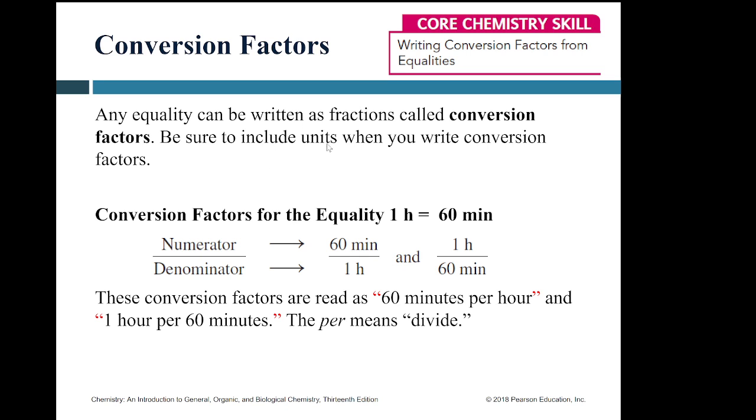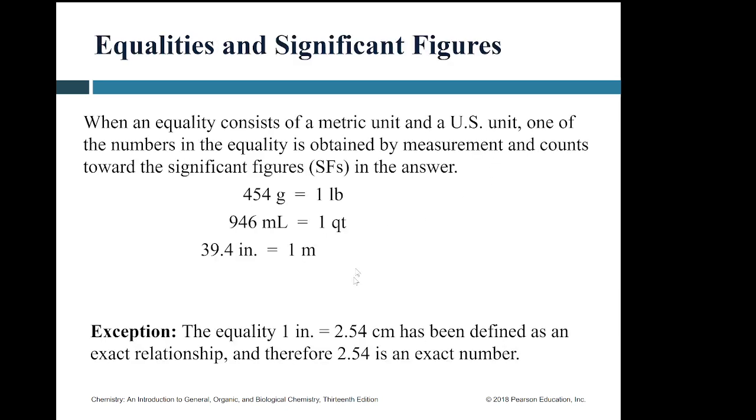Any equality can be written. By the way, if you're ever curious, the inch to centimeter, which is a very useful one to have, you can actually figure that out using your fingers. Okay? An inch goes down to about your bottom knuckle. A centimeter is the width of your fingertip. I thought it was just an inch. This is an inch. So if you go like that, you can actually go 2.5.